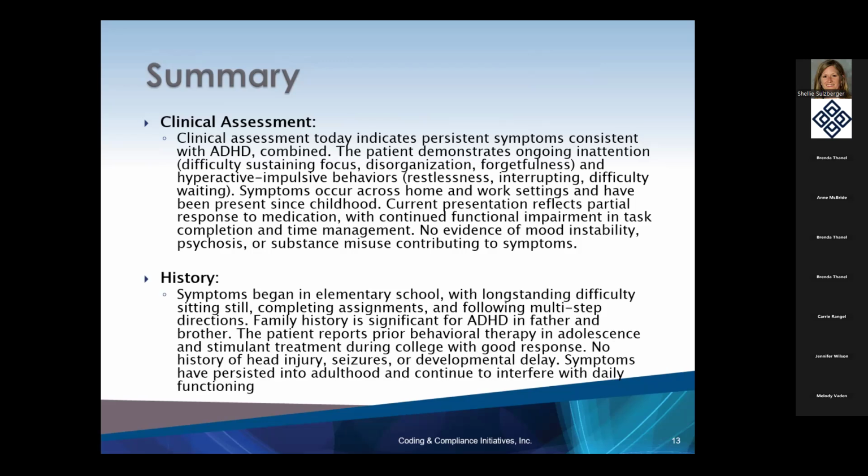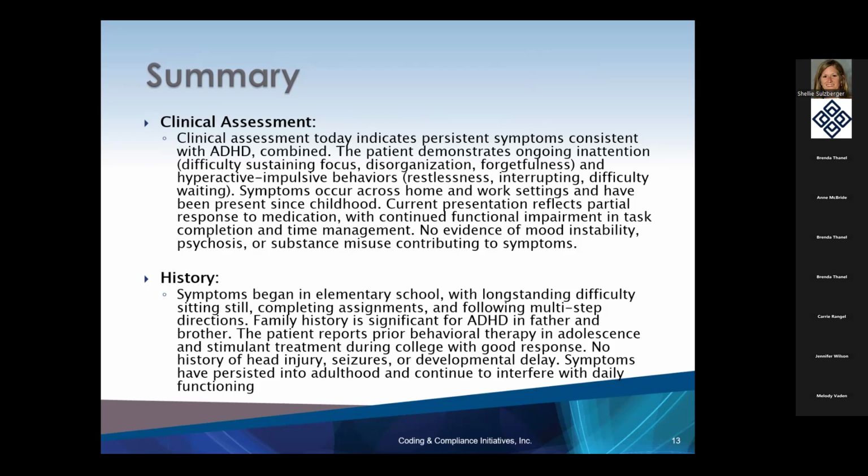With the history, they began in elementary school, long-standing difficulty sitting still, completing assignments and following multi-step directions was hard for them. Family history significant for ADHD. Patient reports prior behavioral therapy in adolescence and stimulant treatment during college, had good response. No head injuries, no seizures, no developmental delays.